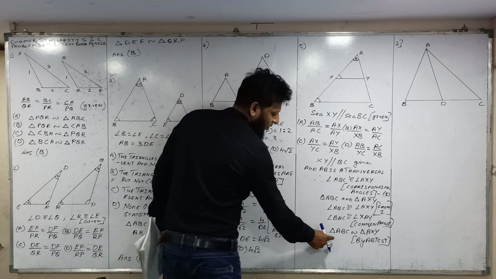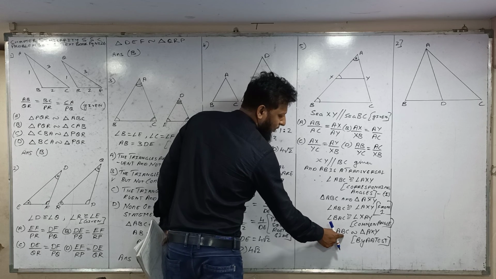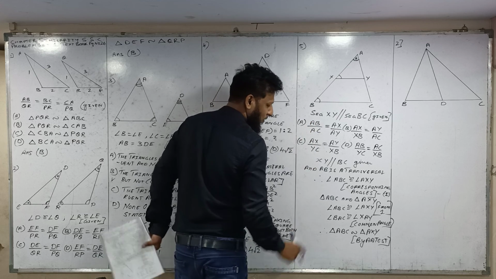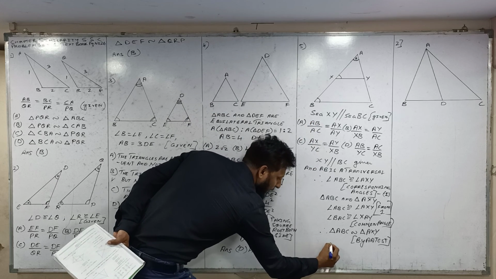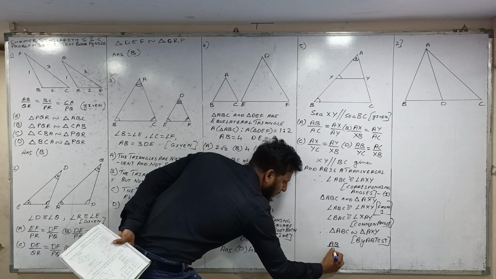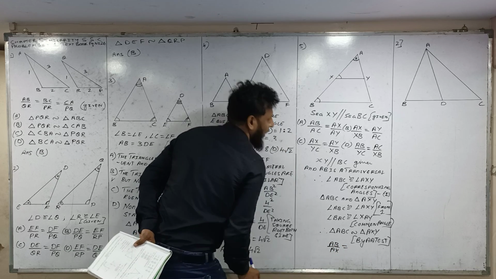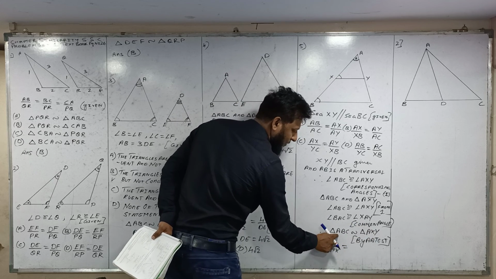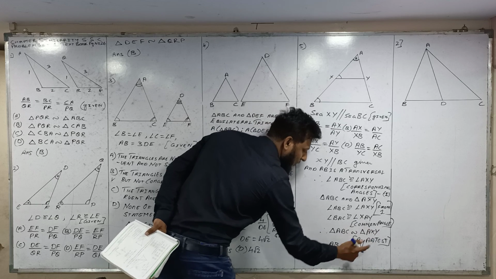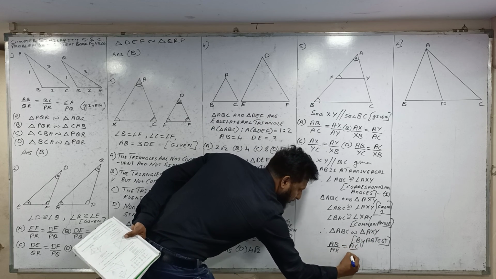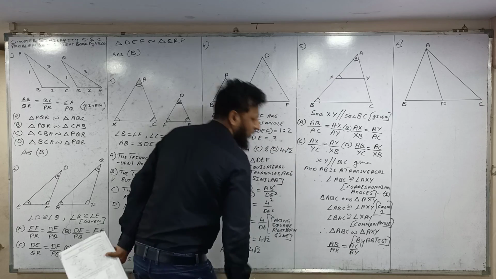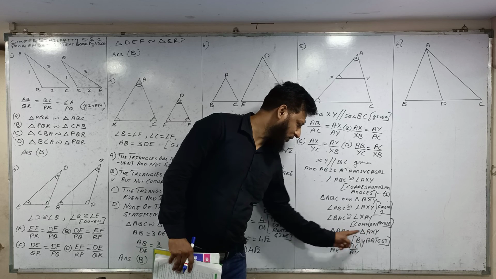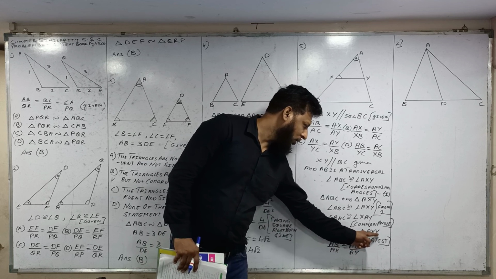You can see the correspondence: AB is proportional to AX, and BC is proportional to XY, but we want AC proportional to AY. We'll take AC proportional to AY. So when the triangles are similar, AB is proportional to AX and AC is proportional to AY.